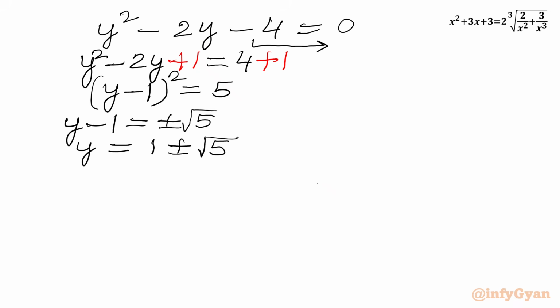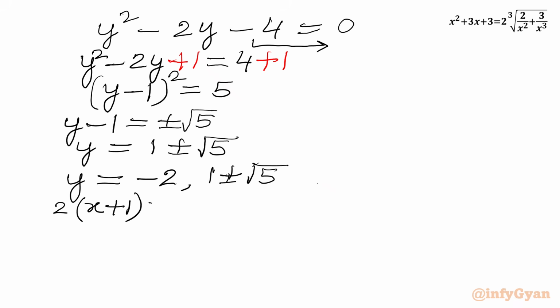And our base solution was y = -2. So I will write here overall y values: -2, 1 ± √5. Now y was our substitution. It was 2 times (x + 1). So I will write here 2(x + 1) = -2, 1 ± √5.